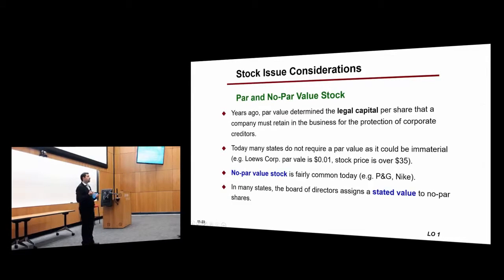However, this amount for many companies has become more or less obsolete. Why is that? For example, Lowe's Corporation has a par value of 1 cent. But if you look at the stock, it's sold over $40.